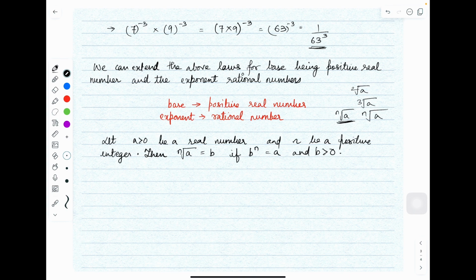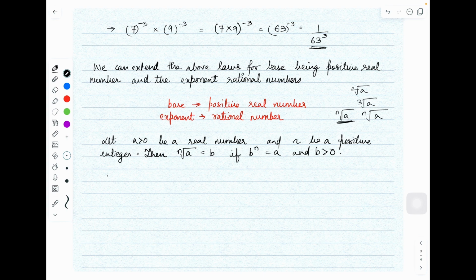Okay, if you are getting b to the power n equals a, then the nth root of a equals b.